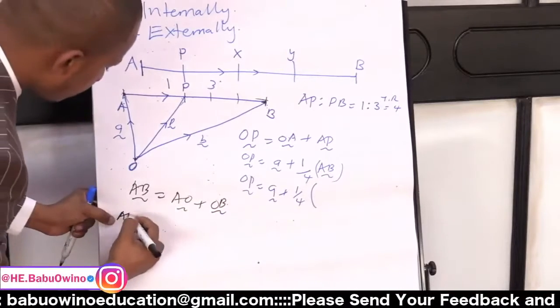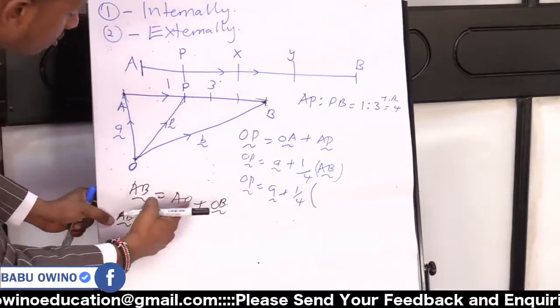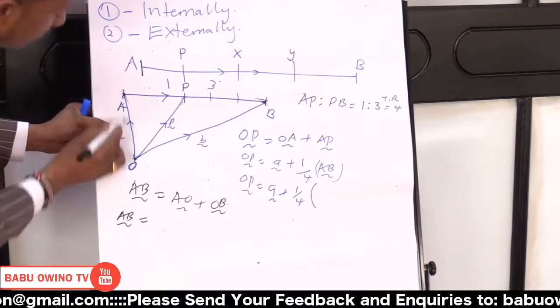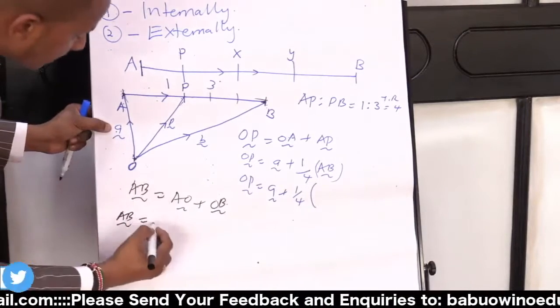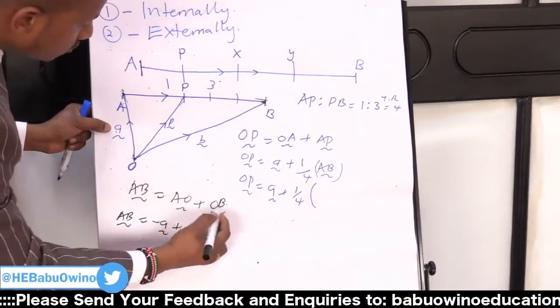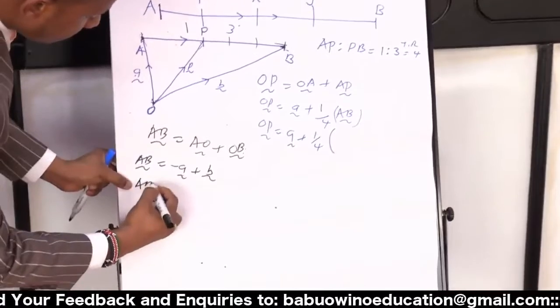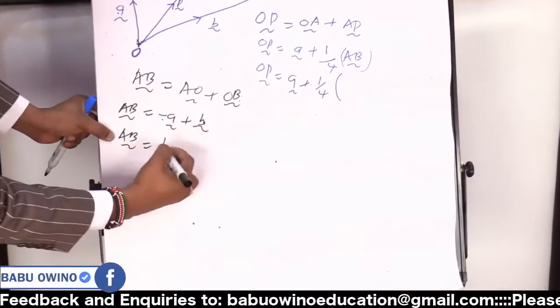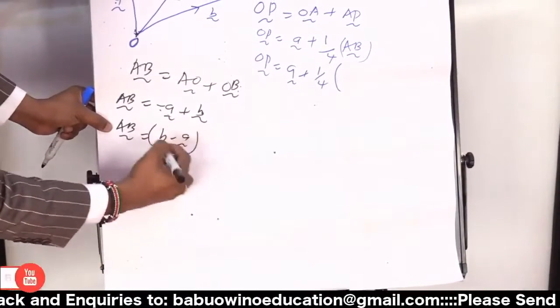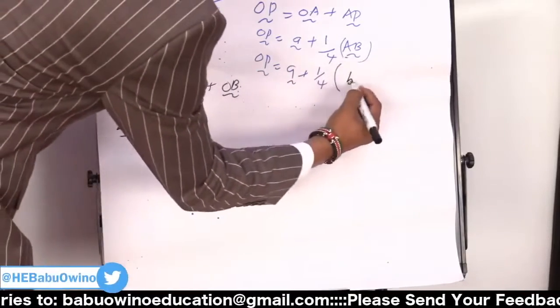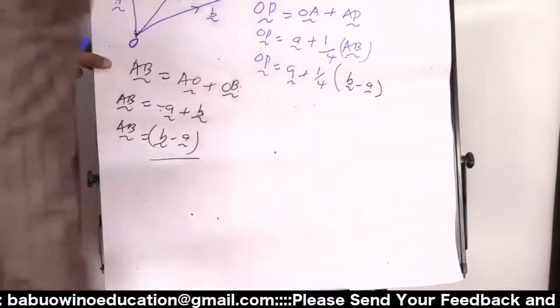AO, if OA is A, is in the reverse direction, so it is minus A. Plus OB is B. Therefore, AB equals B minus A. So you just replace it here. AB is B minus A.